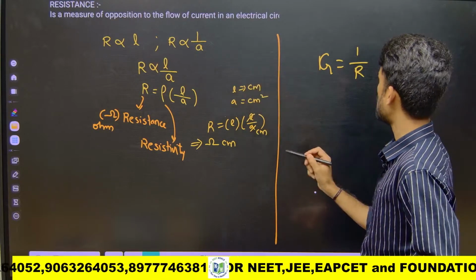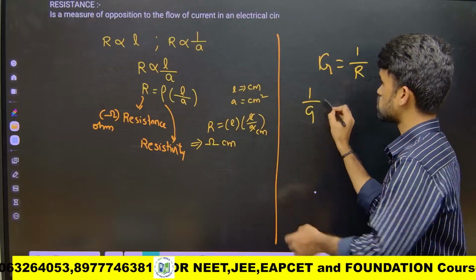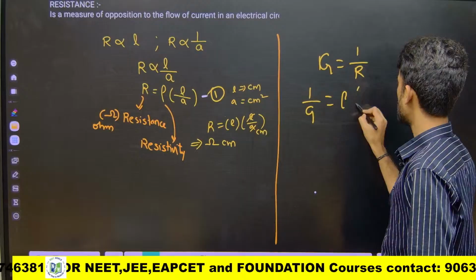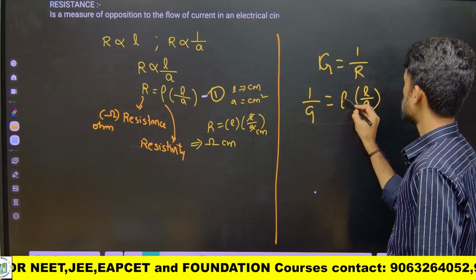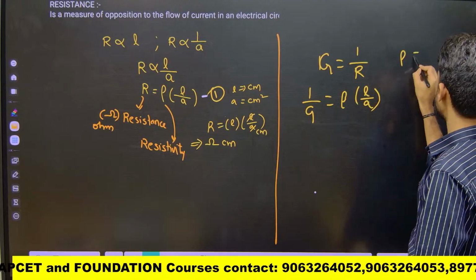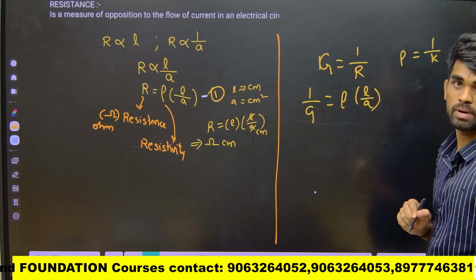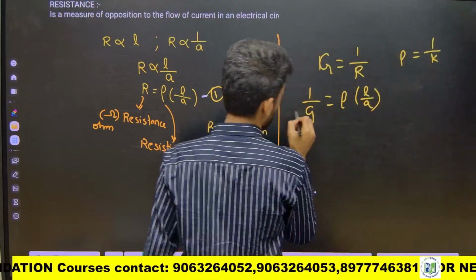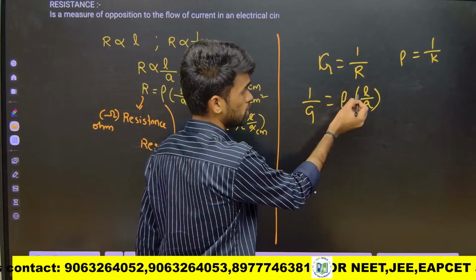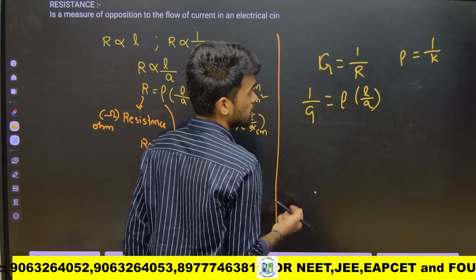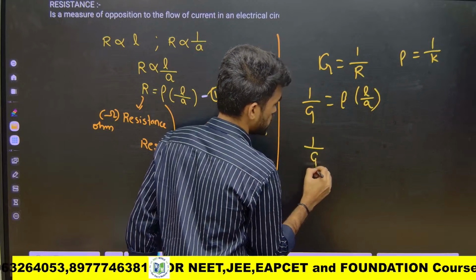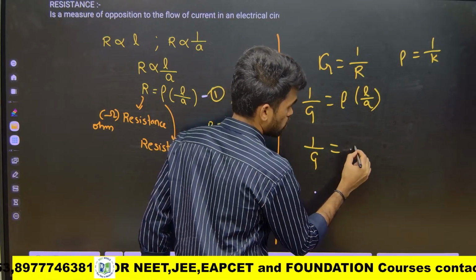So 1 by G equals rho into L by A. This is the first equation. The inverse of resistivity can be considered as conductivity, 1 by K.